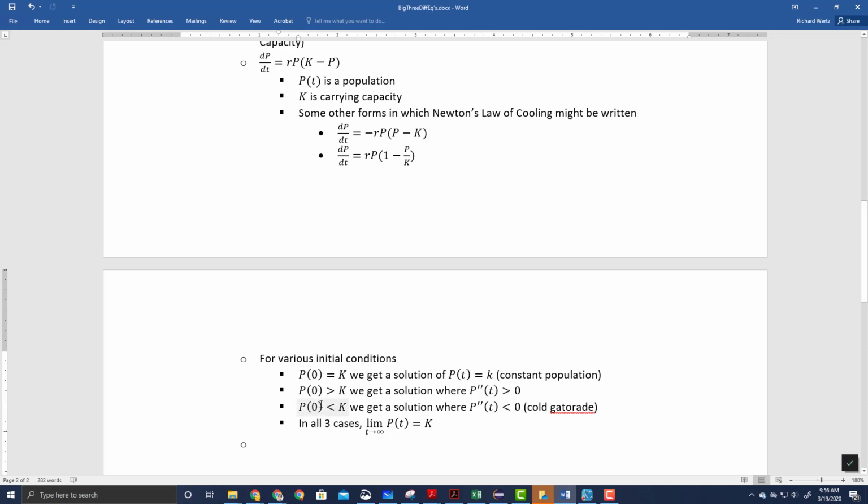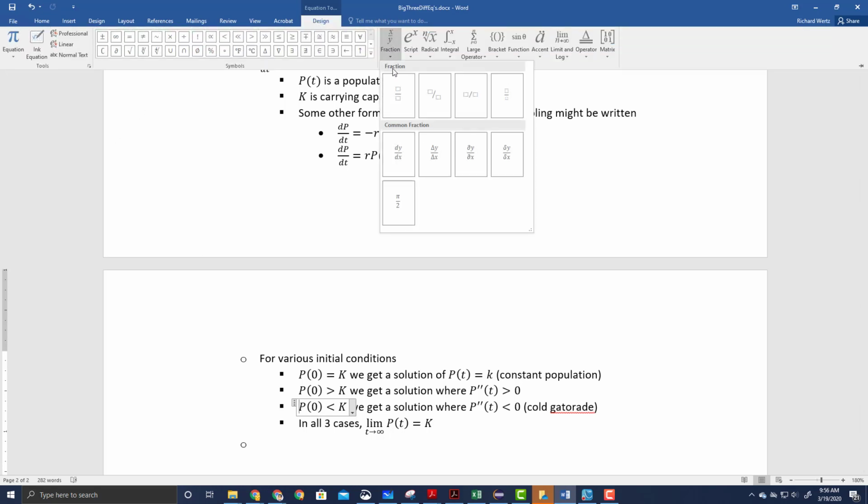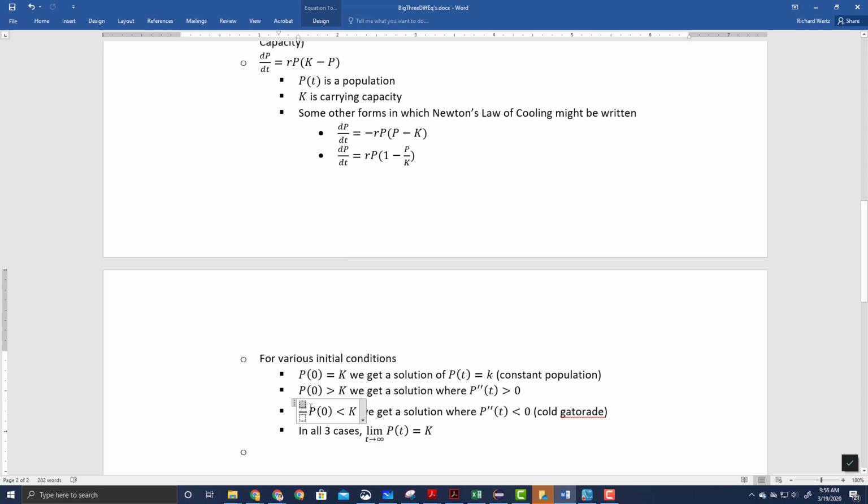If we have an initial condition where the population is less than the carrying capacity, but also greater than, we'll say, half the carrying capacity, then we get a solution that is concave down. And now, why is that the breaking point? We'll explain in a second.